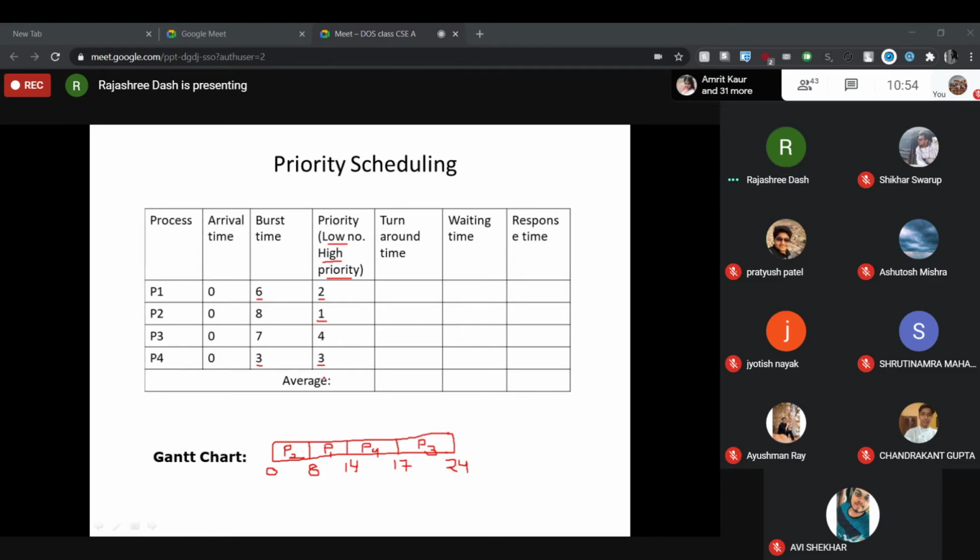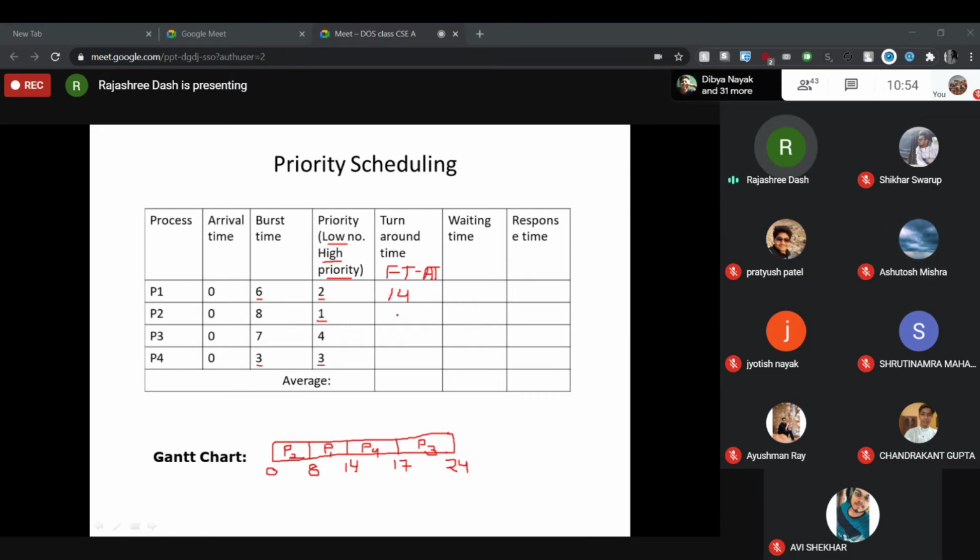Okay. Now let's find out the turnaround time. Turnaround time is finish time minus arrival time. So what is the turnaround time for P1? 14 minus 0, that is 14.